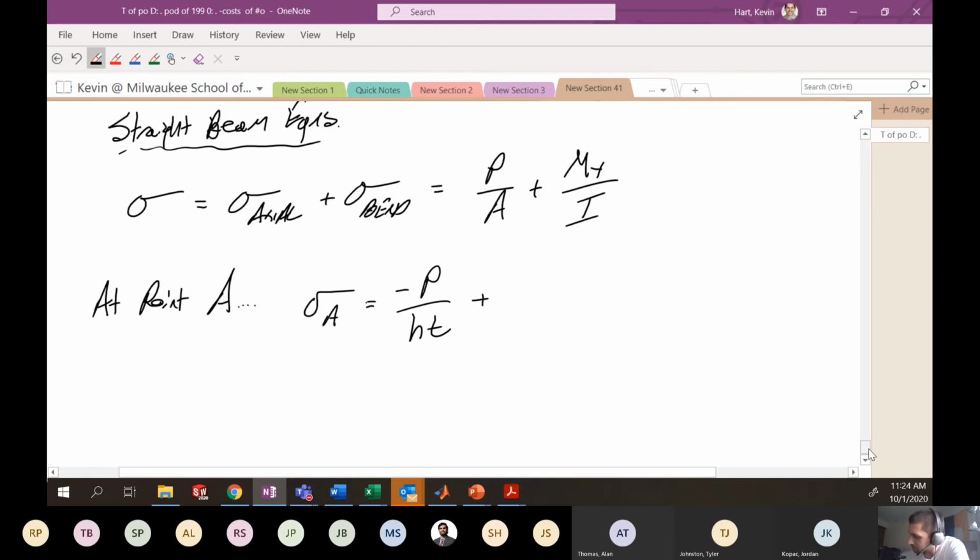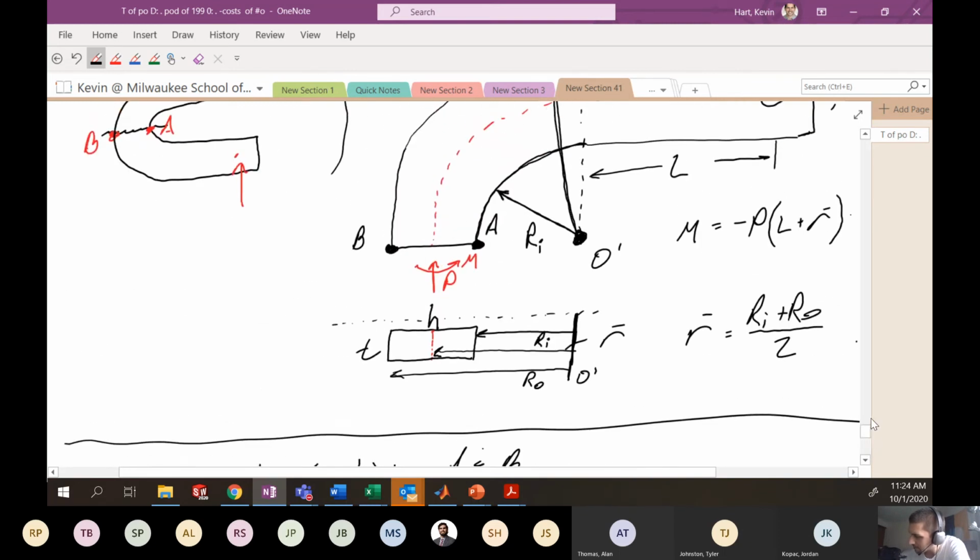And I'll add to it what we get from the bending moment. And I think it's pretty easy to see that this bending moment is going to provide compression at A. We think about curling our hand and providing extra compression at A. You might even just think about this by holding this bar like this and compressing this. You would envision extra compression from that bending moment on the inside fiber here.